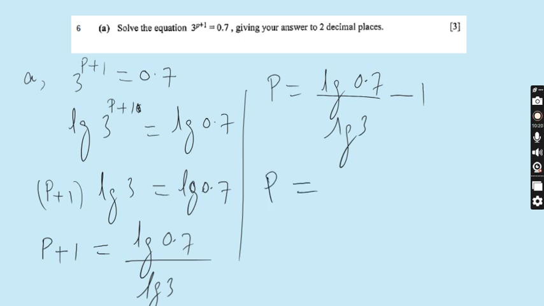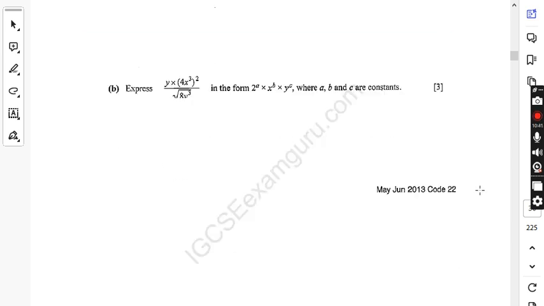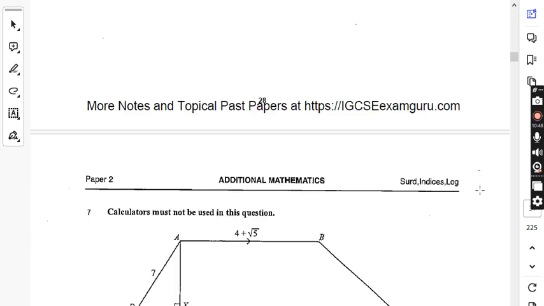Use the calculator to find this and you will get negative 1.32. So very easy question. This question came in May June 2013, paper 2-2. Next question of logarithm.